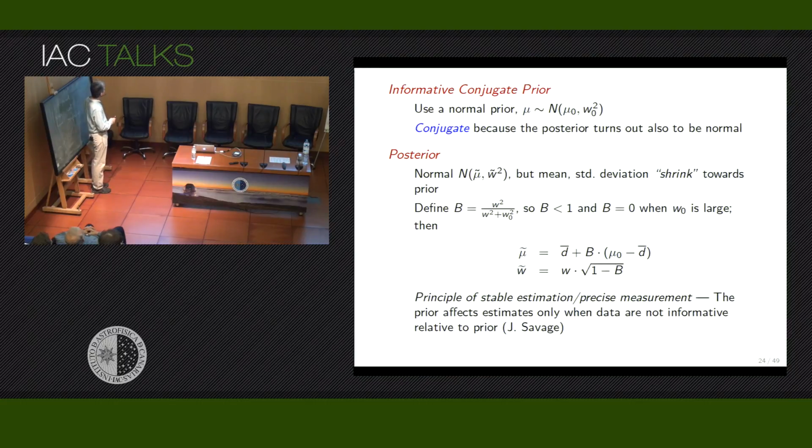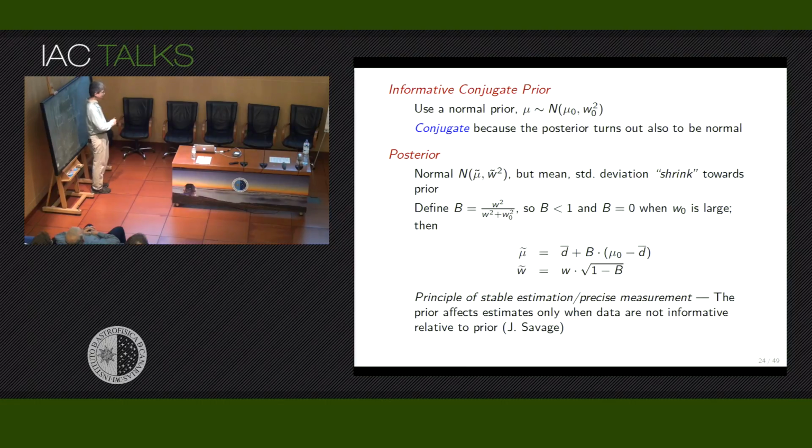How much I get pulled depends on the ratio of sigma over root n to my prior width. And similarly, the width of the posterior now is a little narrower. I've added information. I have an informative prior, so for the Gaussian, that ends up meaning that the posterior will be narrower by a factor of square root 1 minus b.